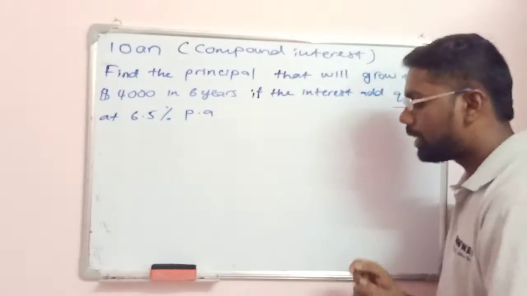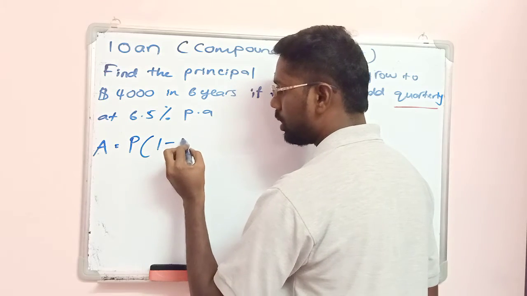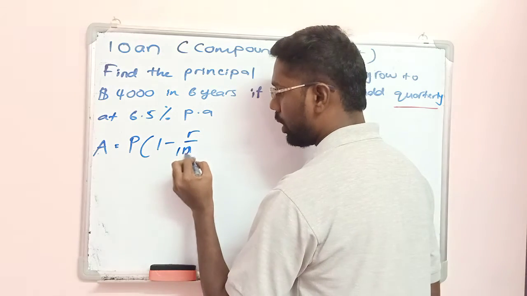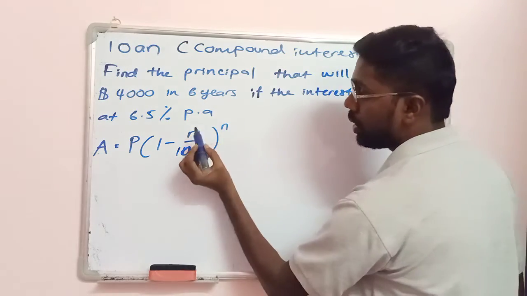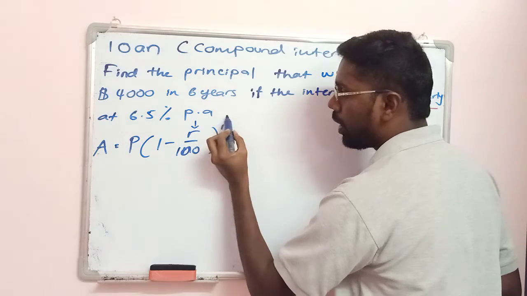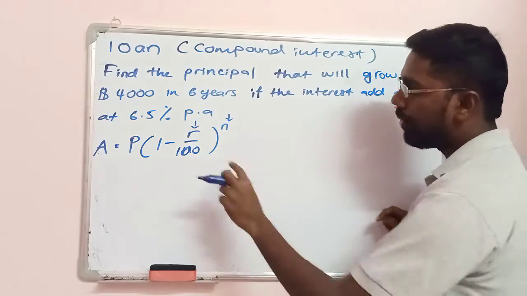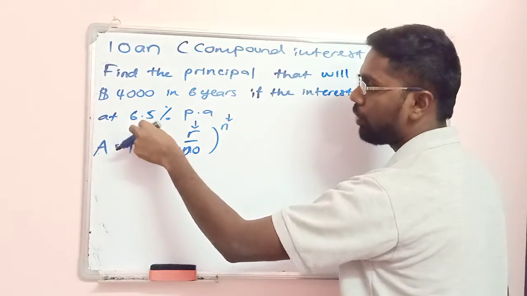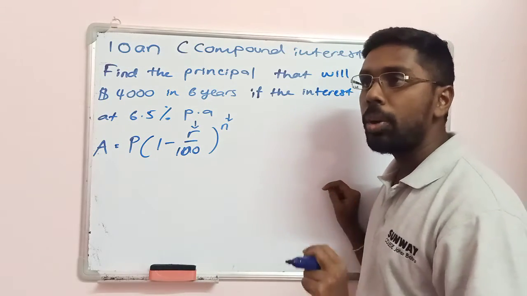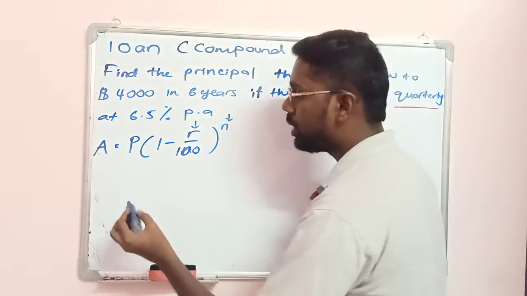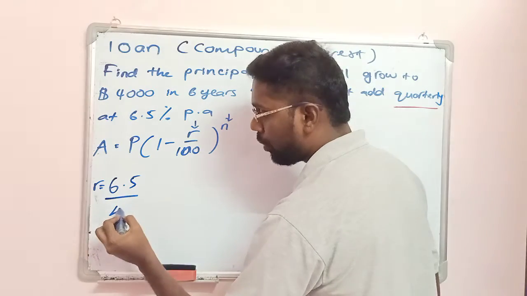First, let's look into the formula. A equals P times 1 plus R over 100 power of n. Here the R value and the n value we're going to recalculate. They gave you 6.5 per annum, which is for 1 year. If they compounded quarterly, your R value is 6.5 divided by 4.